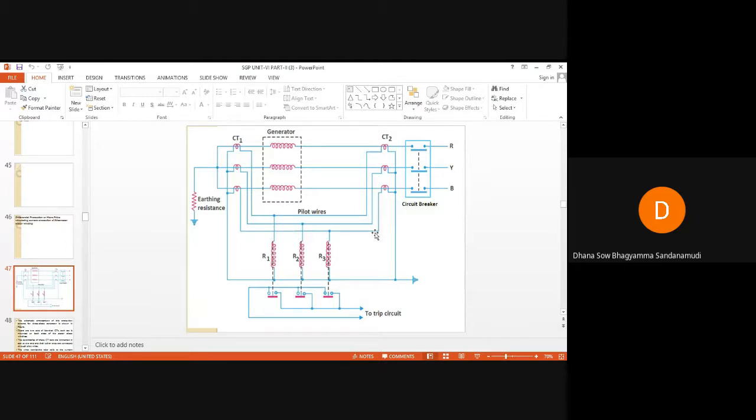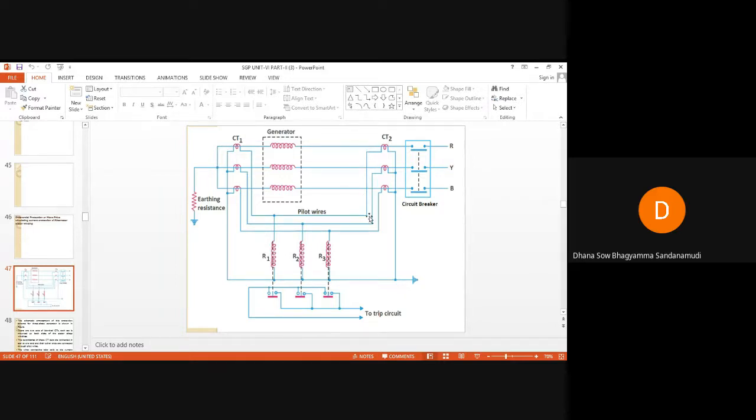You can see here there are two sets of identical CTs on both sides of these three-phase windings, and the secondaries of these CTs are connected in star at one end, and their other ends are connected through pilot wires.